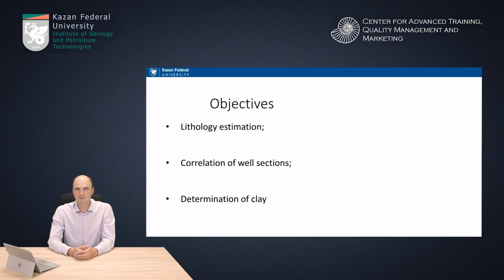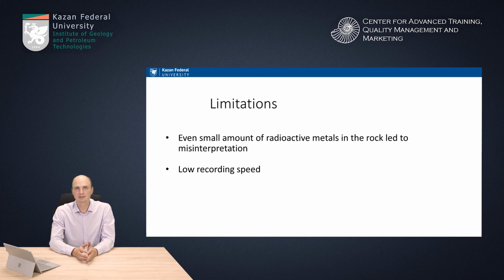The main objectives of the gamma ray log are lithology estimation, correlation of the well sections, and determination of clay. The main limitation is that even a small amount of radioactive metals in the rock can lead to misinterpretation.